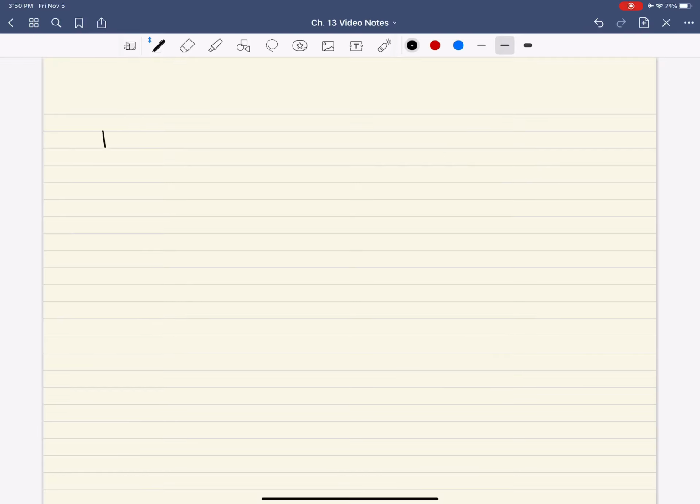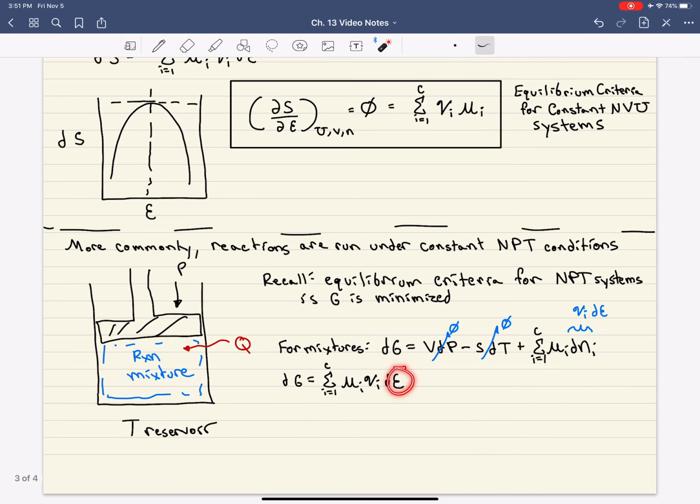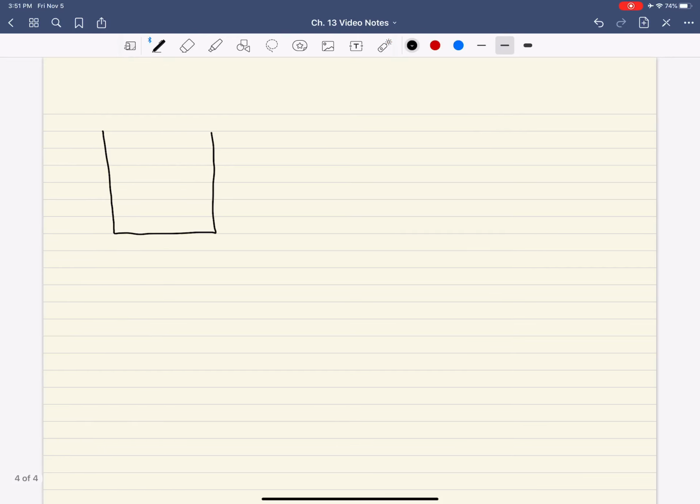And so to plot what this means again, in the fundamental equation, we're shown that epsilon is that canonical variable left over. And so if we were plotting this, we would say that our Gibbs energy, if we said it was a function of epsilon, for the system to be at equilibrium, that Gibbs energy would have to be minimum at some value of epsilon.